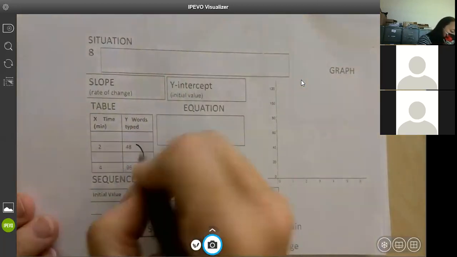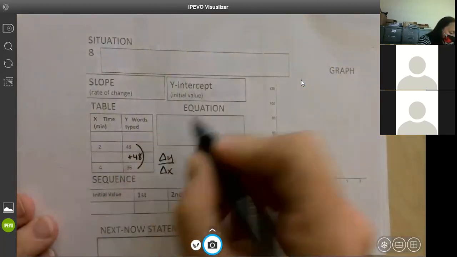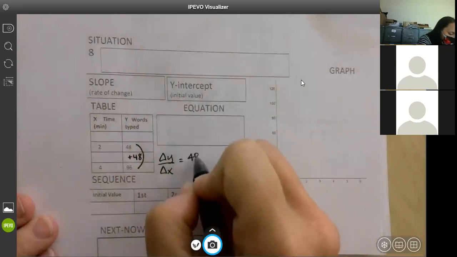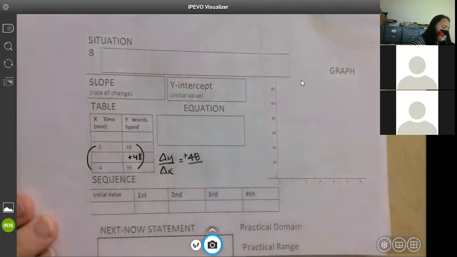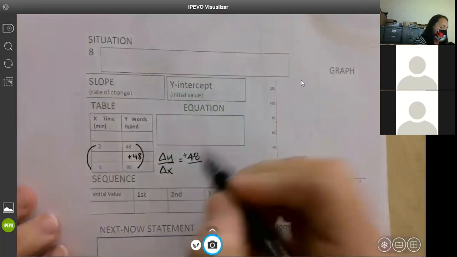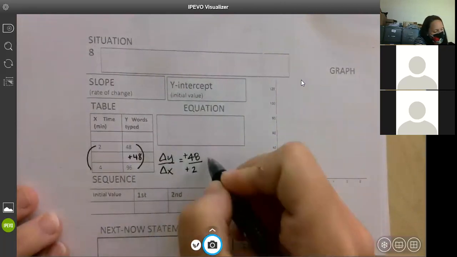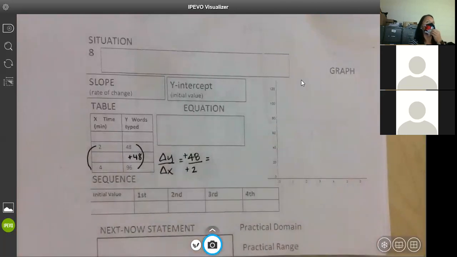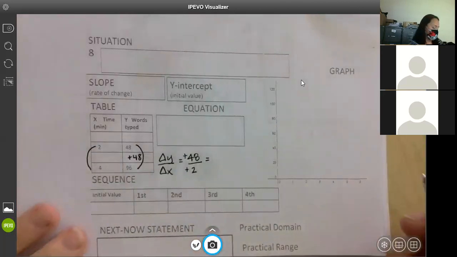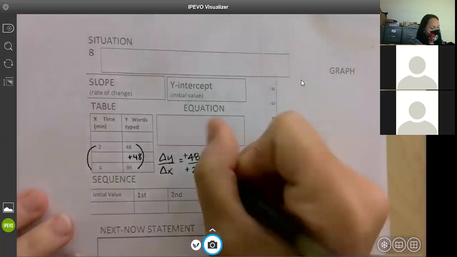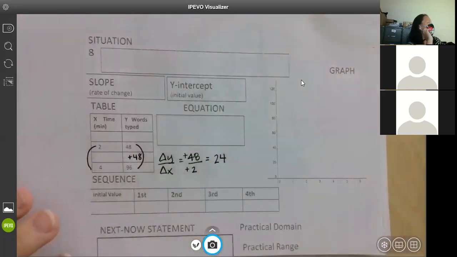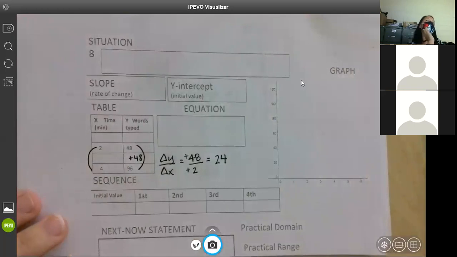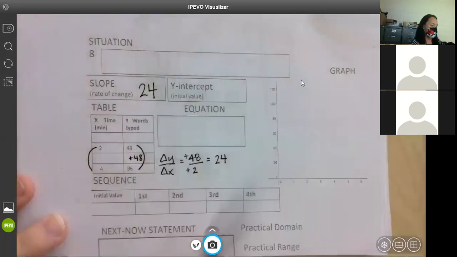So this is increasing by 48. On the other side, how do I get from 2 to 4? And then I just simplify it. A positive 48 divided by a positive 2. 24. Close enough. All right, so we know our slope is 24.